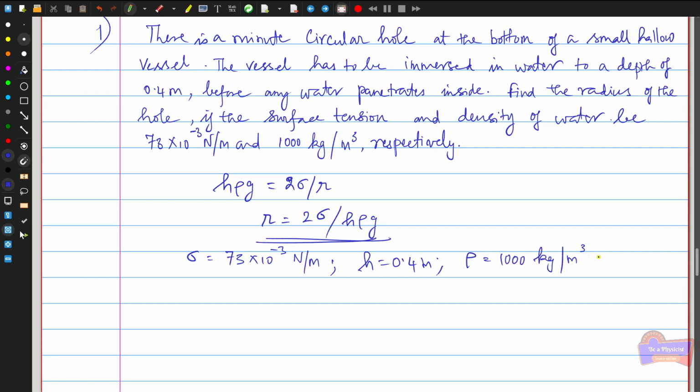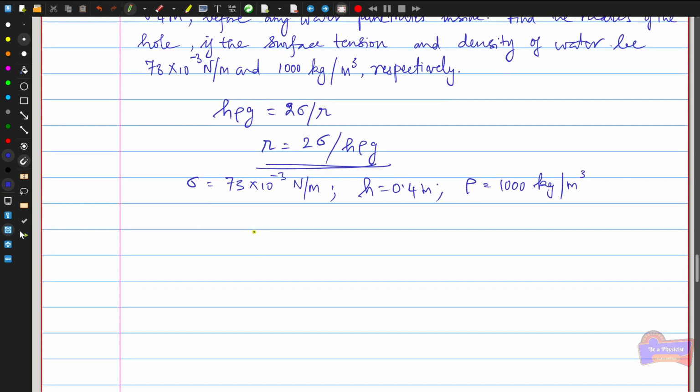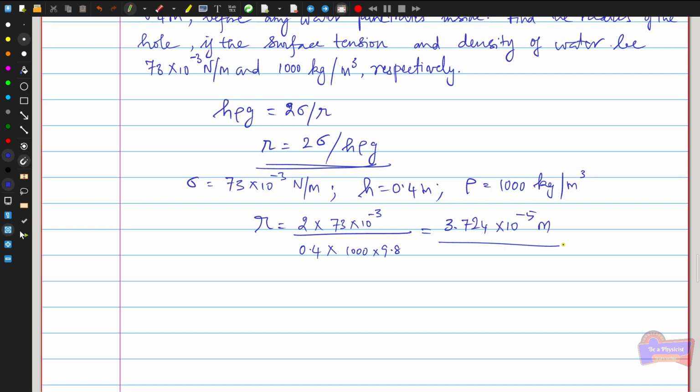We have to find the value of r from this expression, so I can substitute all these values. r is equal to 2 into 73 into 10 power minus 3 divided by 0.4 meters, times 1000 kilograms, times 9.8, where g is given as 9.8. If I calculate the final value, it is equal to 3.724 into 10 power minus 5 meters. So this is the radius of the hole.